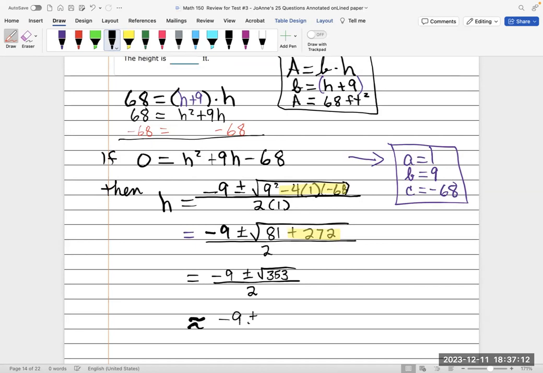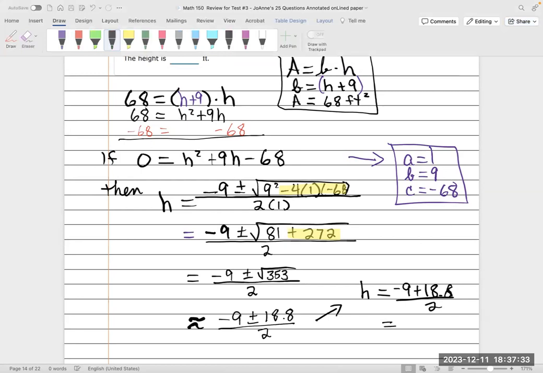Negative 9 plus or minus 18.8 actually over 2. So that gives me two situations. H is negative 9 plus 18.8 over 2. 18.8 minus 9 divided by 2 is 4.9.